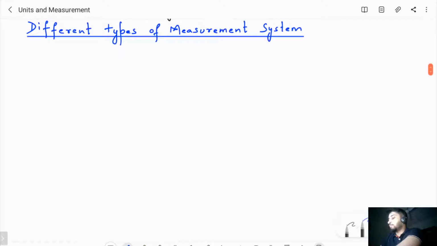The first one is the CGS system, which stands for centimeter, gram and second.